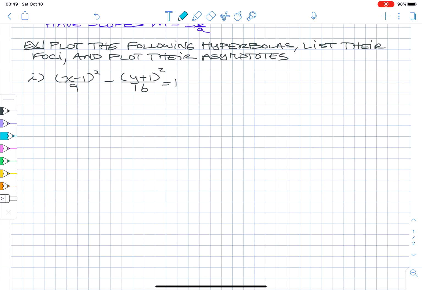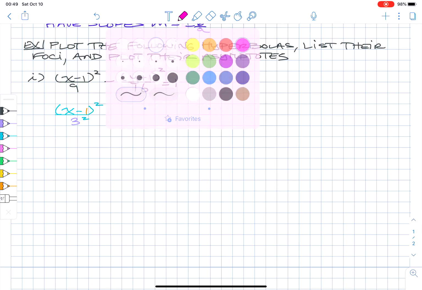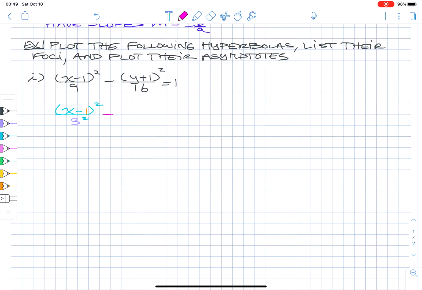I claim that this is of the form (x minus 1) squared divided by 3 squared, from which I'm subtracting, and that's how we know it's a hyperbola, (y minus negative 1) squared divided by 4 squared, equals 1.